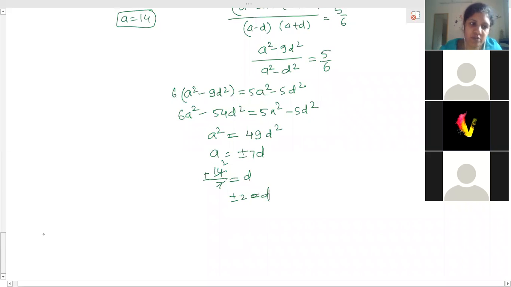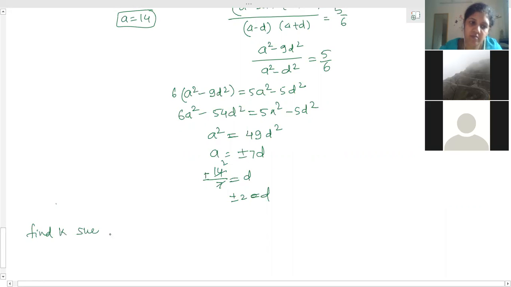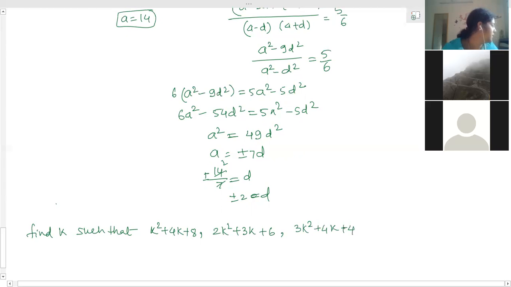Then next question is find K such that K square plus 4K plus 8, 2K square plus 3K plus 6, 3K square plus 4K plus 4 are in AP.